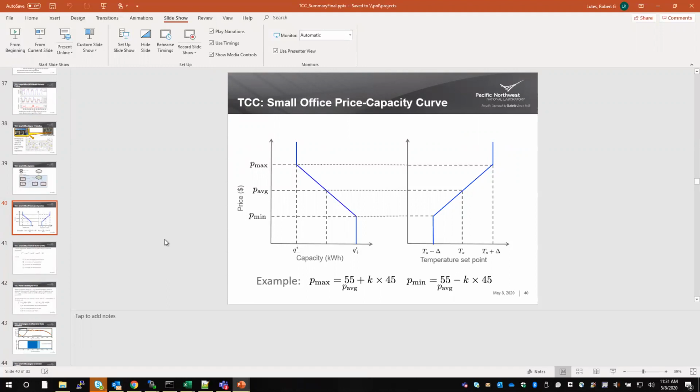A K of 0 would yield maximum profit. That means you're willing to take any amount of discomfort. And a K of very high value means that you don't have any ability to flex.